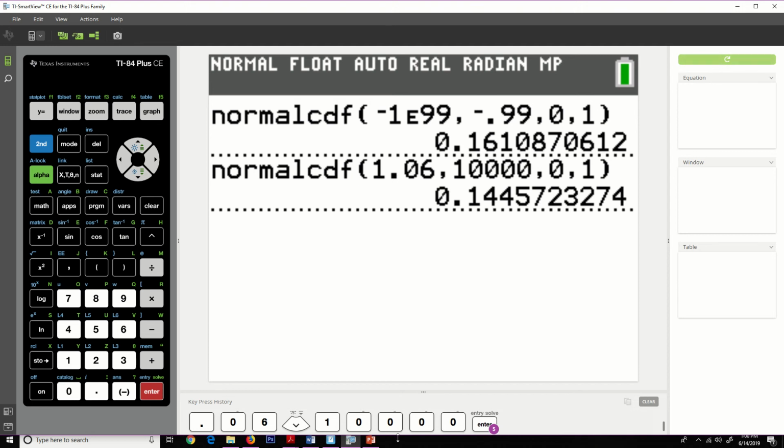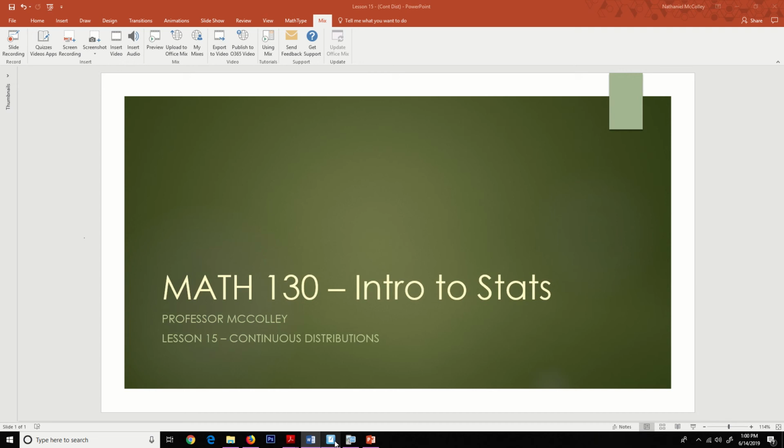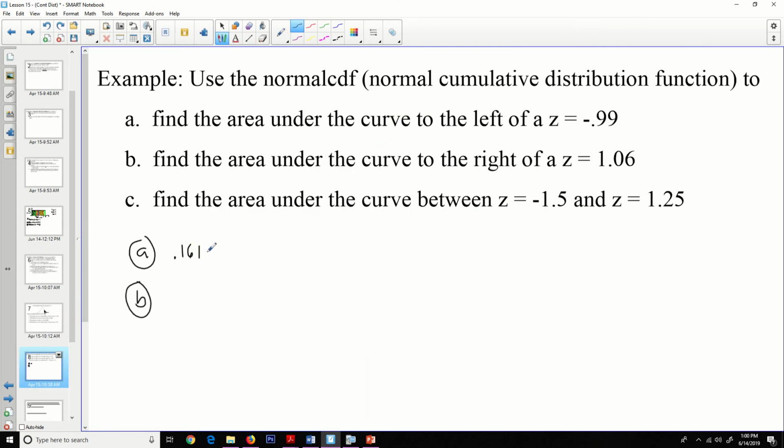All right, and so let's type that in here. Put a 0 there. 0.1446. And you know what? Let me write this in. It would be normalCDF, and we didn't use negative 10,000, but we could have, negative 0.99, comma, 0, comma, 1.